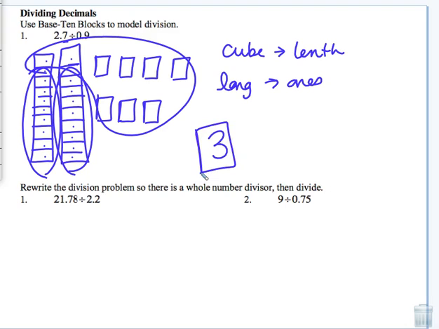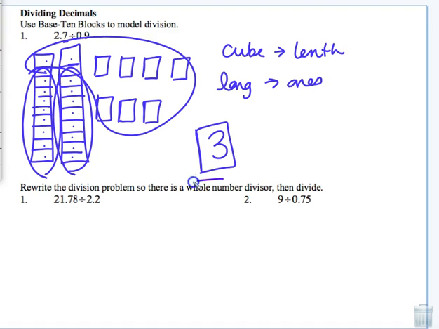All right, now we're going to do division the way that we all learned it. We have 21 and 78 hundredths. We're going to divide that by 2 and 2/10. The problem is when you do a division problem, and it says in the directions, rewrite the division problem so there is a whole number divisor.